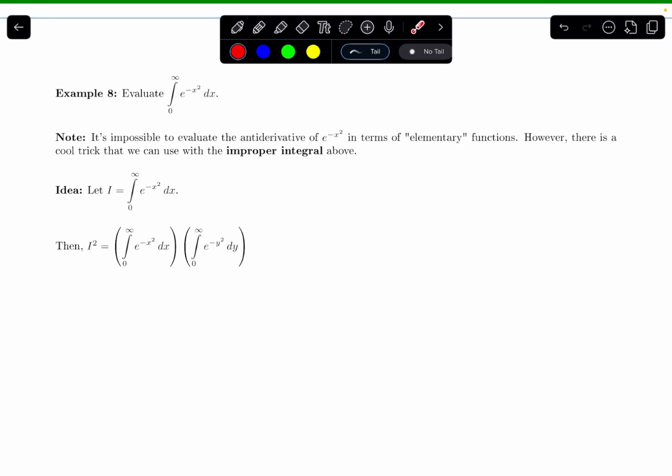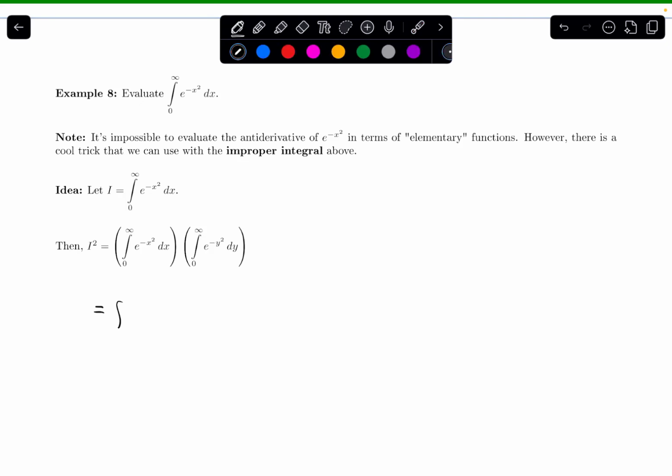I'm going to let this integral be equal to I, and I'm going to square I, which means multiply it by itself. When I do that, in the second integral, rather than calling the variable x again, I'll just relabel it and call it y. And the nice part about doing that is, because now I have two integrals multiplying each other, one that's purely in terms of x, one that's purely in terms of y, I get to combine them into a double integral.